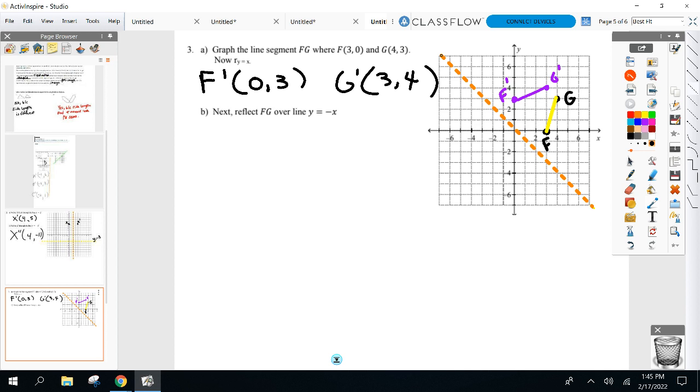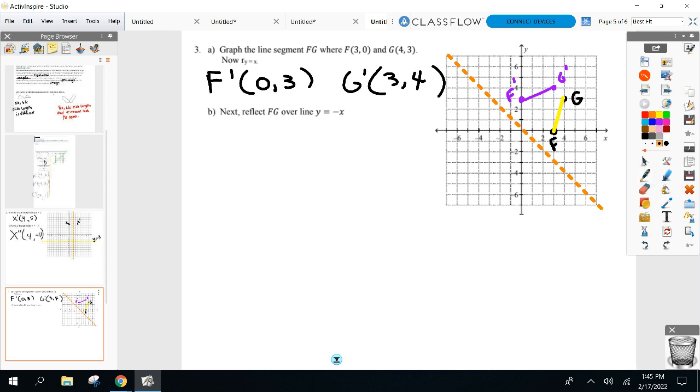Can we count? No, this is not horizontal or vertical. So this is the second and last time I'm going to have to remember a rule. Y equals negative x is a version of y equals x, so I do still want to flip it, but I got to do a little something extra.